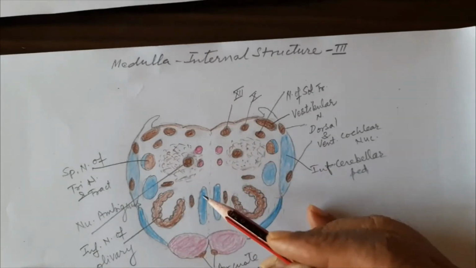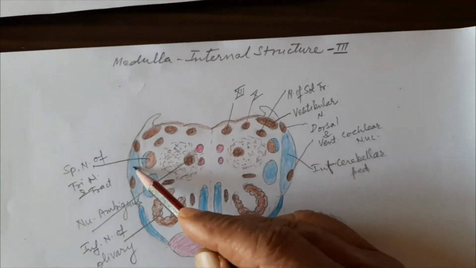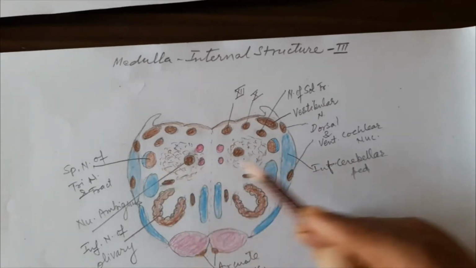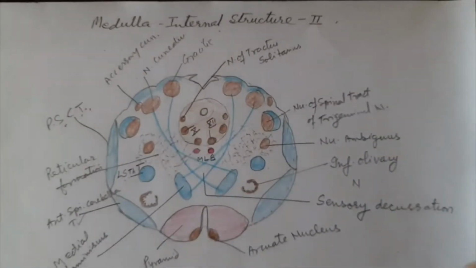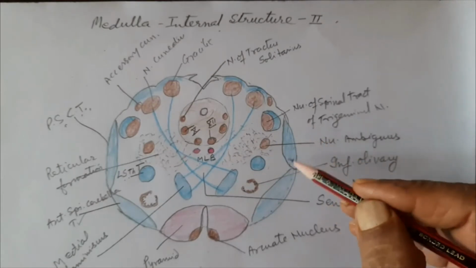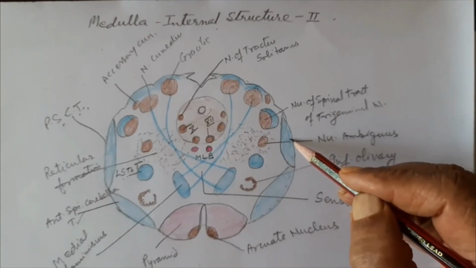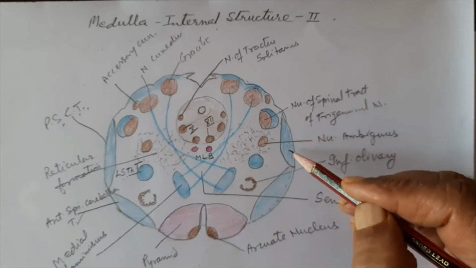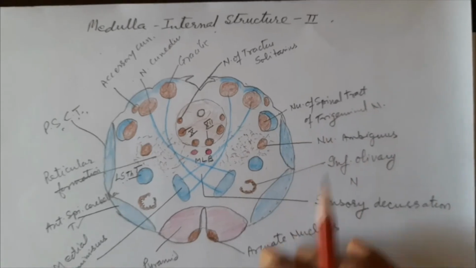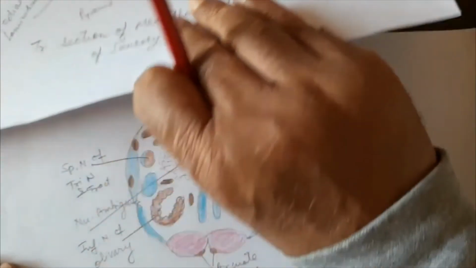Let us come to the white matter. The white matter is here. This blue mass is the inferior cerebellar peduncle. See this, it was the dorsal spinocerebellar tract, or the posterior spinocerebellar tract.